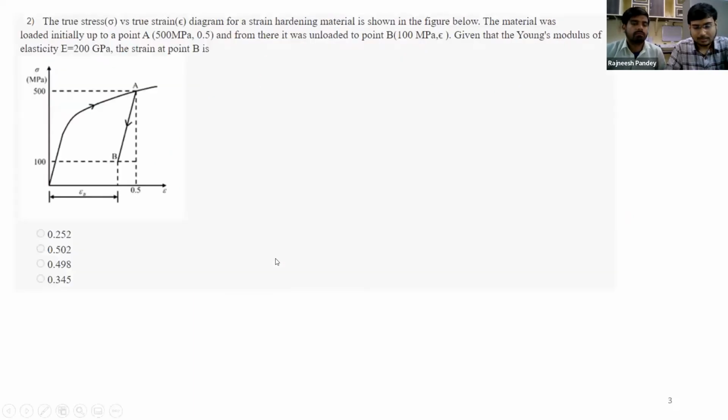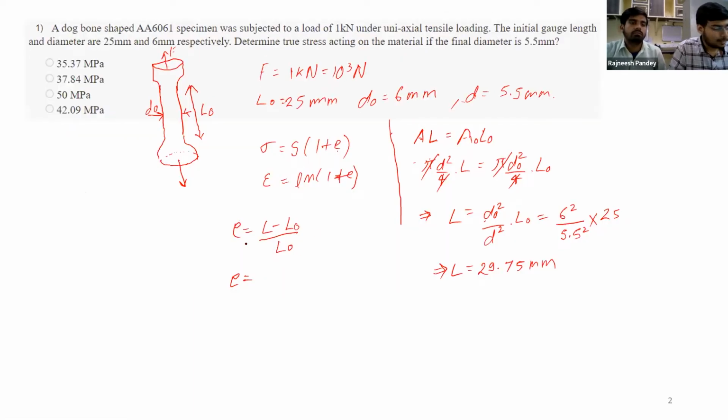Now we have the value of L, so we can get this E, which is L over L naught minus 1. Basically we need the value of 1 plus E, so I am directly rearranging the equation to get 1 plus E. Here we get L by L naught, and after substitution, 29.75 over 25.